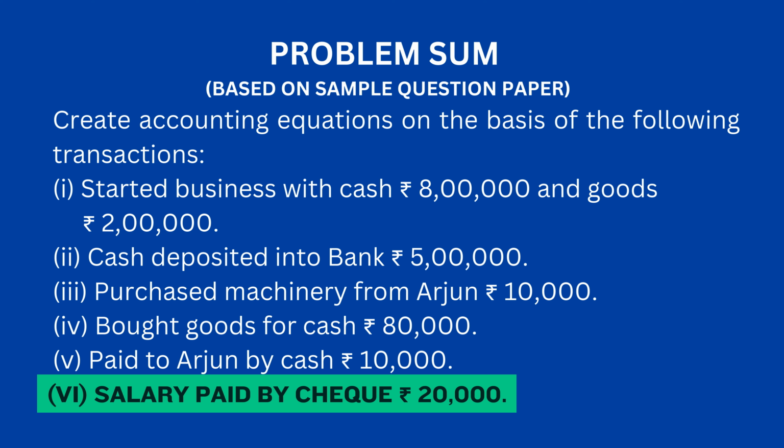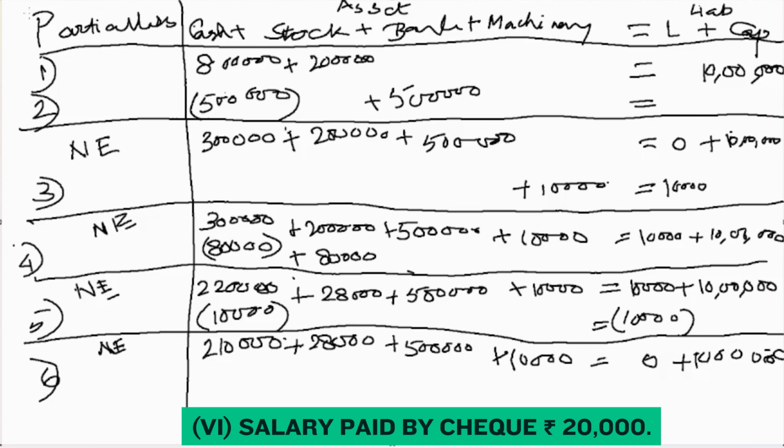And finally, we have salary paid through check. So bank will be subtracted by 20,000 and capital gets subtracted rupees 20,000 because it goes out from profit. So for salary payment, what we do over here, it's said that it's done by check.